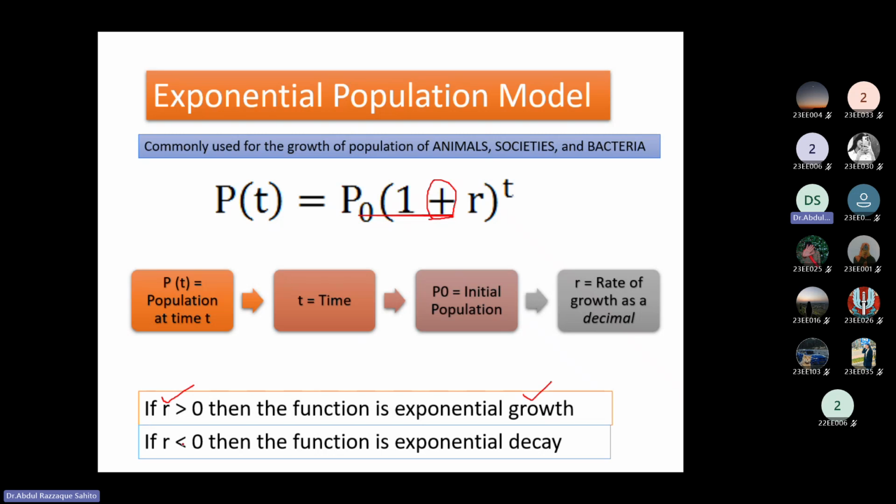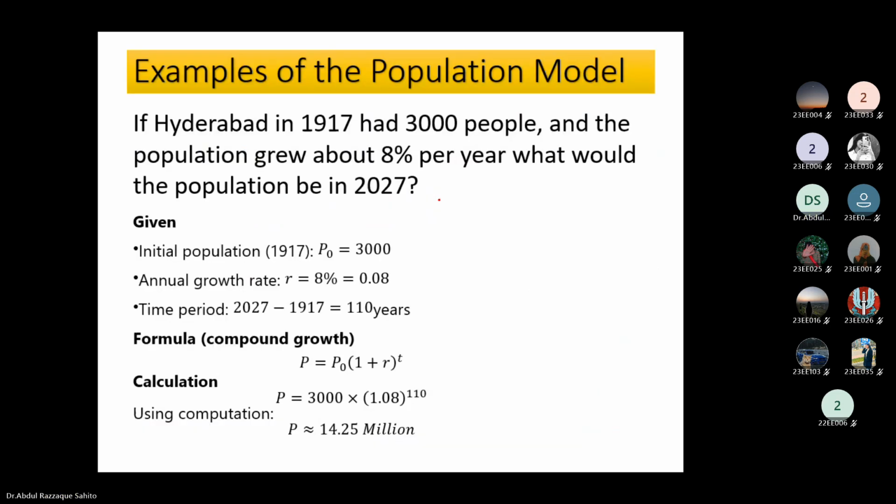And when r is less than 0, the function is the same exponential, but this time it becomes decay. That's a decrease. So remember this equation. I will use the same equation, but in spite of this plus sign, I will consider a negative sign. First, let's use the plus sign function.